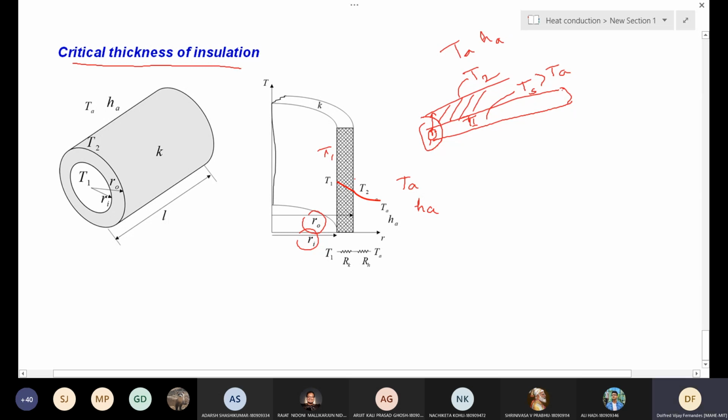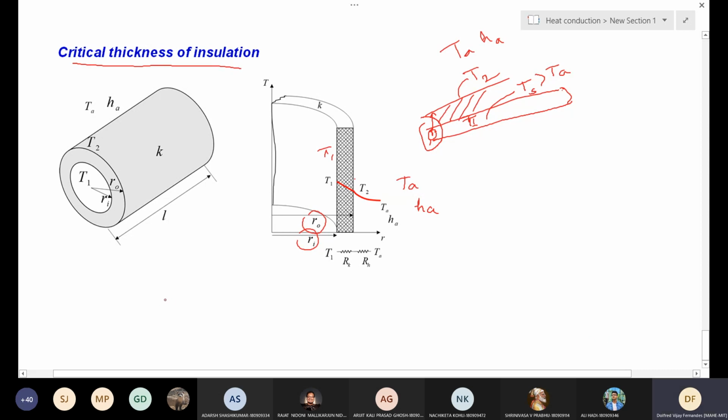When we want to find the rate of heat transfer through the insulation, we need to consider two resistances. One is the conduction resistance through the insulation, and the other is the convection resistance on the outside surface.